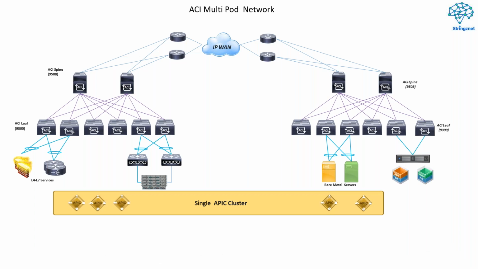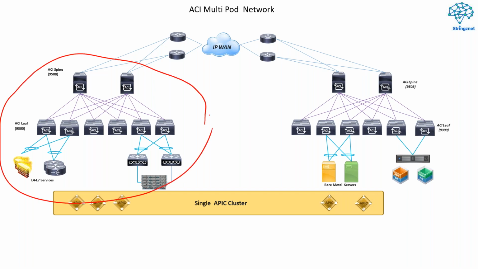Now, I'm going to give you a quick glimpse of different ACI deployment types. The deployment which we will be doing significantly, with hands-on exercises as well, is called single pod. In our lab topology, we will have 2 ACI spine switches and 2 ACI leaf switches.